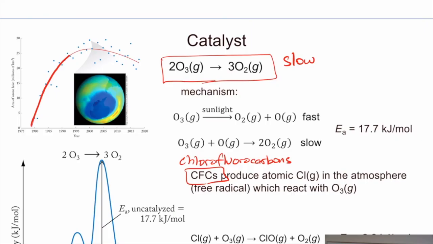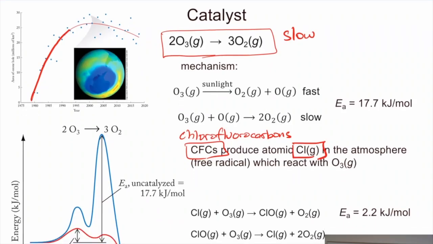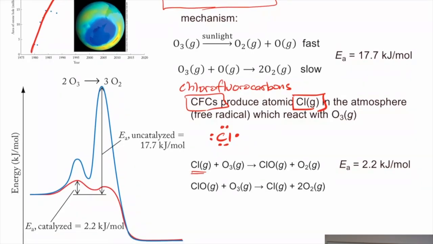And the problem with these CFCs is they create atomic chlorine gas in the atmosphere. That's a free radical, okay? That's chlorine, not diatomic. We won't sing the diatomic song here. It's a free radical with an unpaired electron, and those are nasty things. And in this case, the chlorine acts as a catalyst for that reaction. It makes the ozone going to molecular oxygen that much faster.